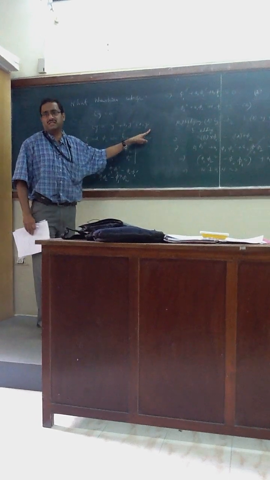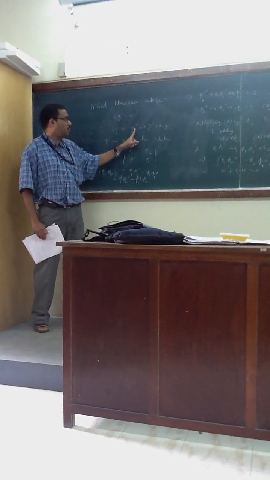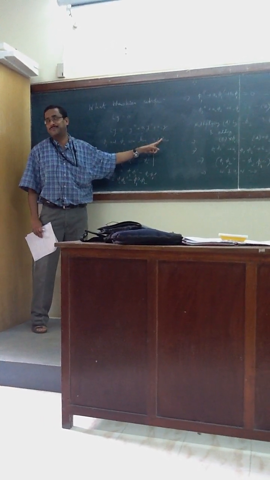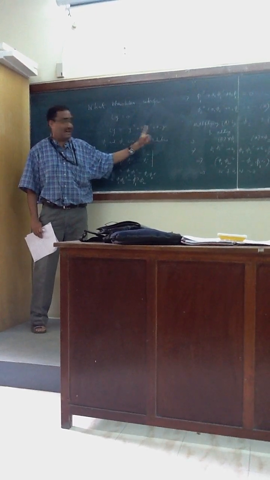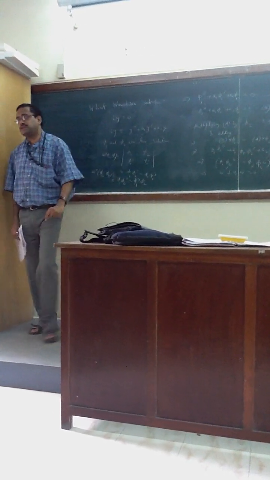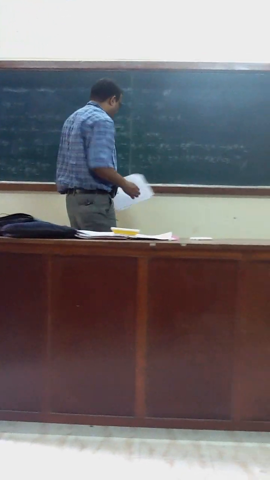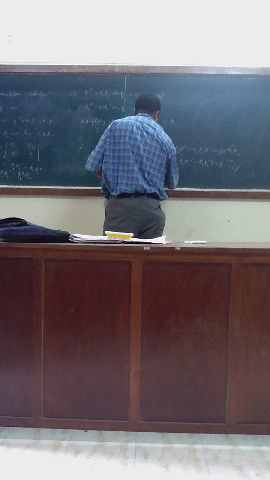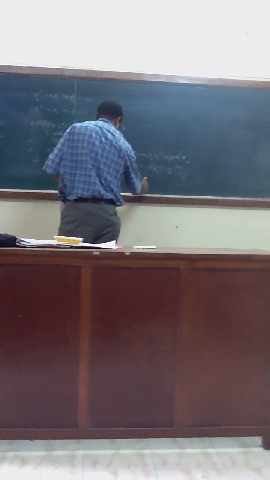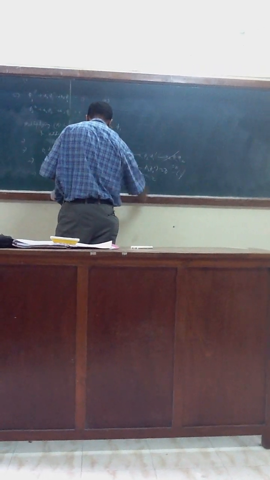If I have a first-order differential equation, it will be y prime plus a1 y equals 0. That differential equation the Wronskian satisfies. Okay, which is W prime plus a1 W equals 0, and the solution is W(x) equals C e to the power minus a1 x.